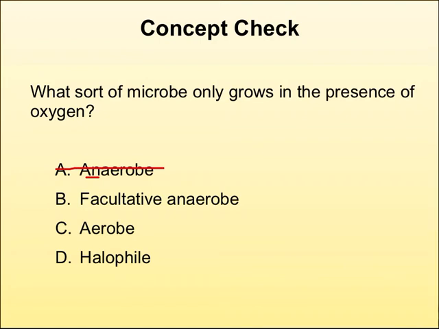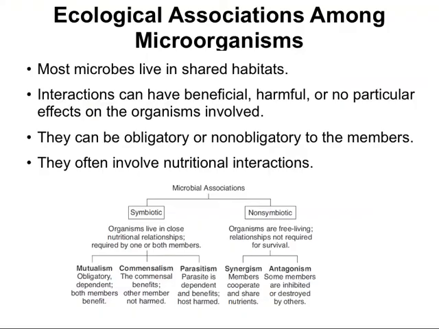It's not aerobic, but it could be. So that doesn't really fall into the only category. An aerobe only exists in the presence of oxygen. And now halophile, well, it could or it could not. It depends on the species. So that's not really an only either. So we'll go with the aerobes.